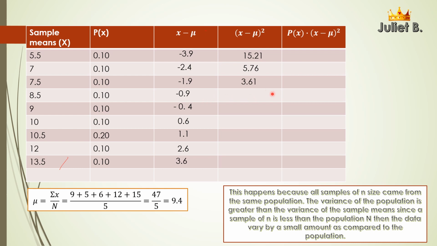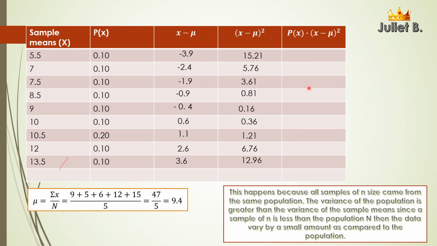Negative 0.9 times negative 0.9 is 0.81. Negative 0.4 times negative 0.4 is positive 0.16. 0.6 times 0.6 is 0.36. 1.1 times 1.1 is 1.21. 2.6 squared is 6.76 and 3.6 squared is 12.96.